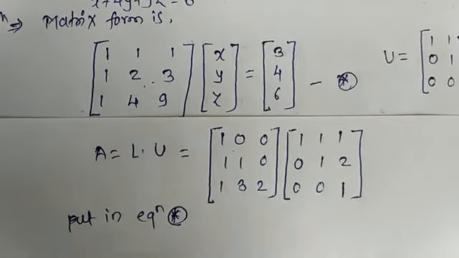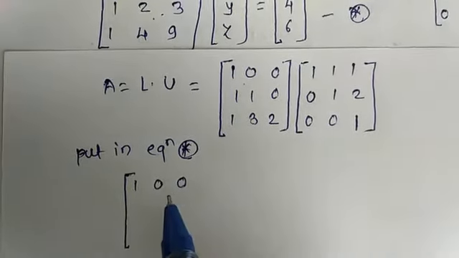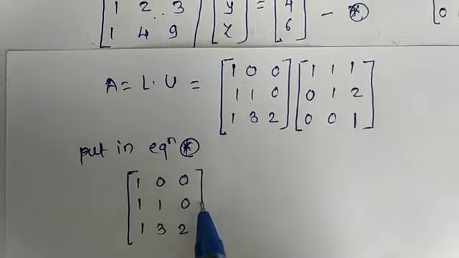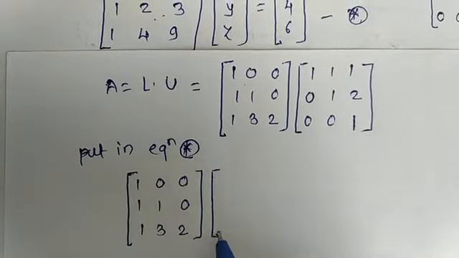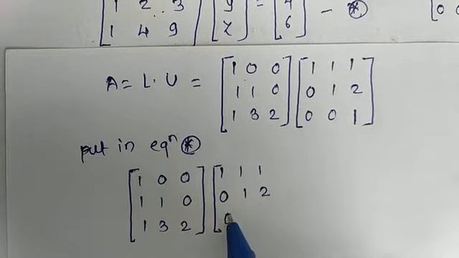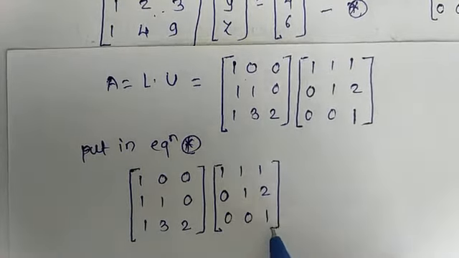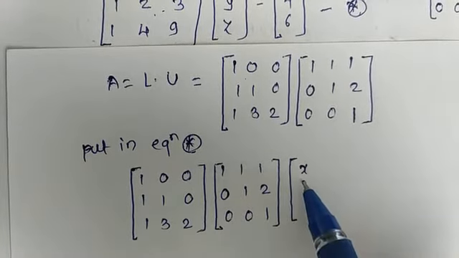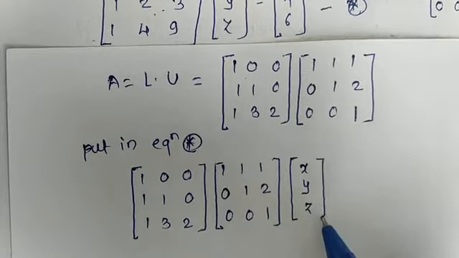So we can write it as first 1 0 0, 1 1 0, 1 3 2 into matrix 1 1 1, 0 1 2, 0 0 1. It is L into U, and our X is x y z, is equal to matrix.